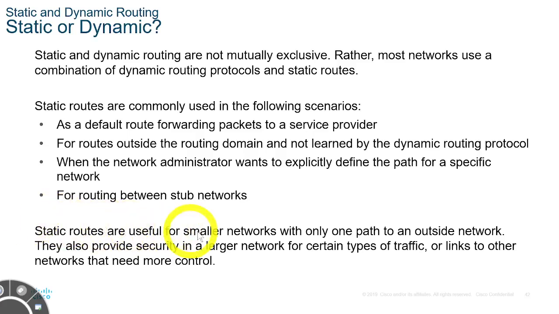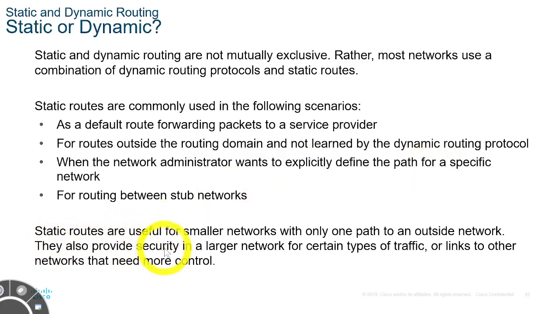So static routes are useful for smaller networks. If we have a small network, we manually configure all the IP addresses for this topology with only one path to an outside network. We create the network and make only one path to the outside. This is enforced and improves the security.